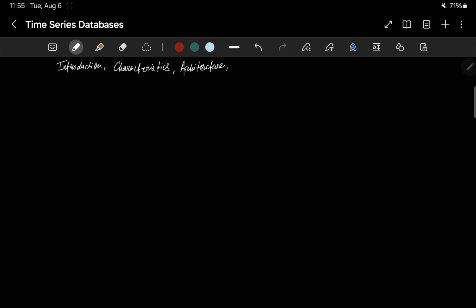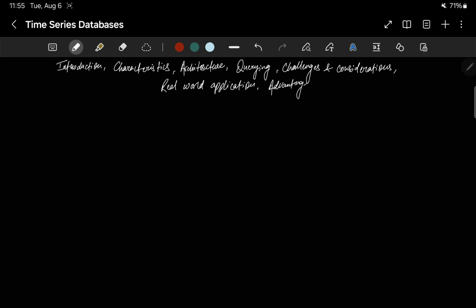Next, we will see querying: how do we do querying in time series databases? After that, we will move to challenges and considerations. Then we will see the real world applications, and in the end we will talk about the advantages and limitations of time series databases. From now onwards, instead of writing time series databases, I'll write TSDB.